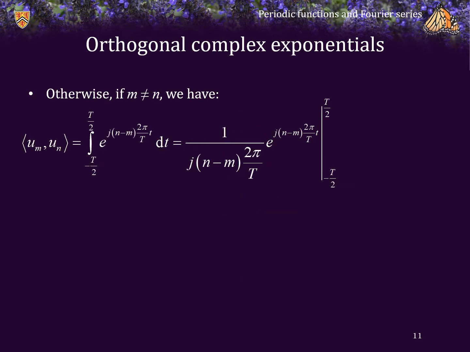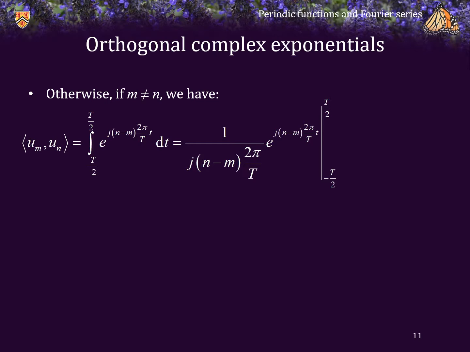Otherwise, if m is not equal to n, we are then calculating the inner product of u sub m and u sub n. And that is just that integral we see here. Now, from your calculus course, you know that the antiderivative of e to the st is just 1 over s, e to the st. Here, s is just a more complex expression, j times n minus m times 2 pi over capital T. But it's essentially the same.